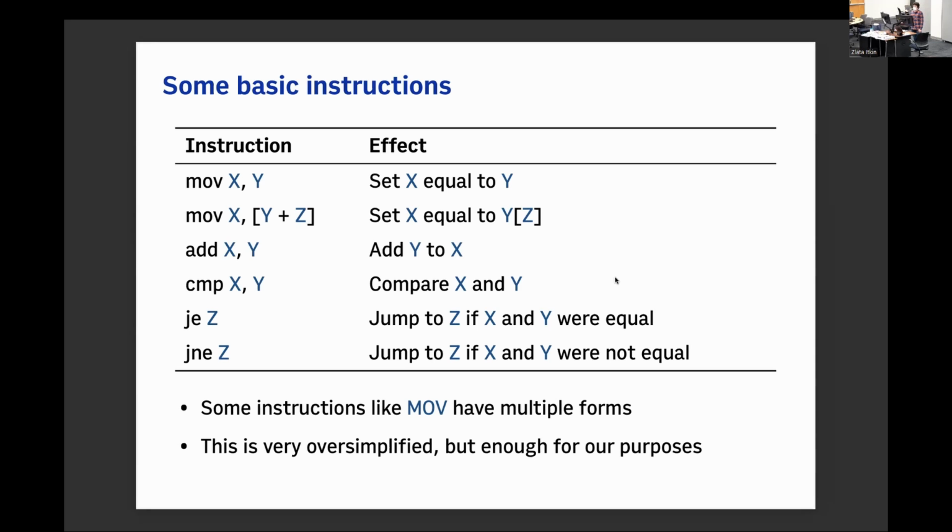That sets X equal to the Z index of Y. Add is pretty self-explanatory. You add Y to X and store the results in X. Compare does a comparison. And then after, we have our jump equal and jump not equal, which will jump to the address of Z, depending on whether or not the previous comparison was true or false, or equal, not equal.